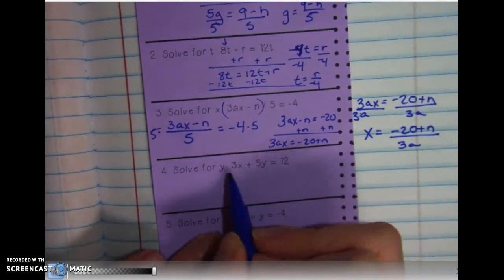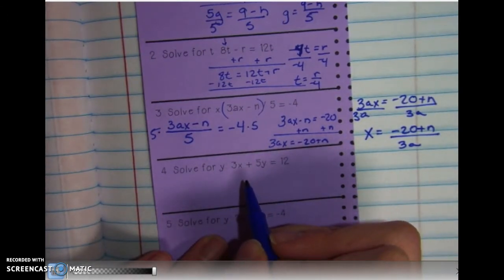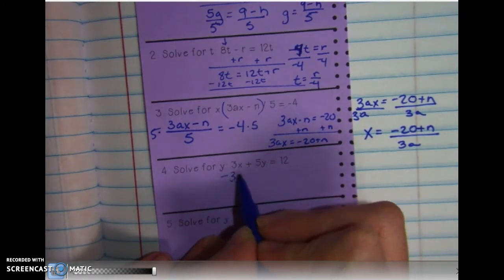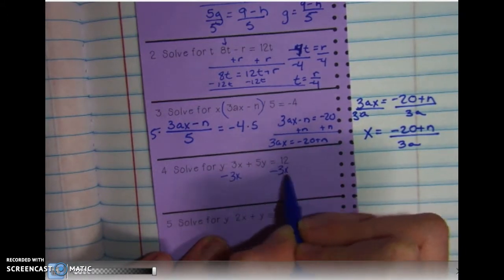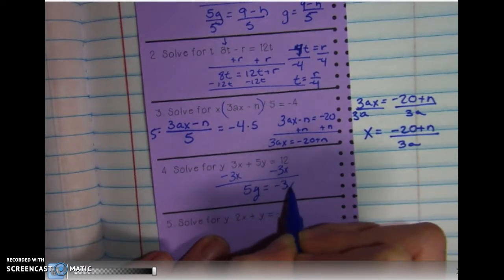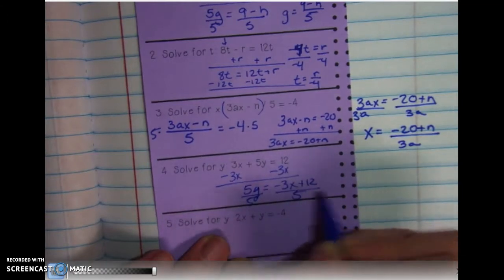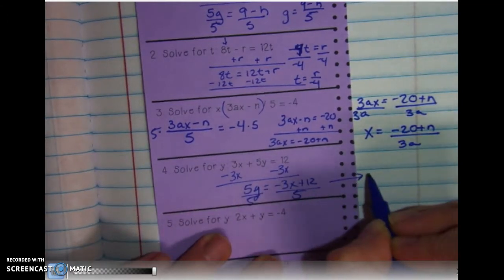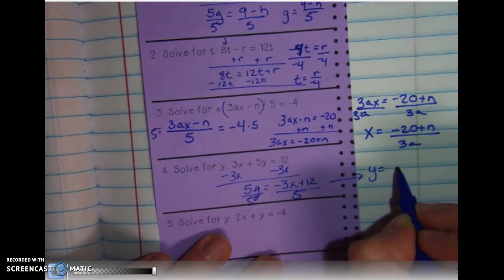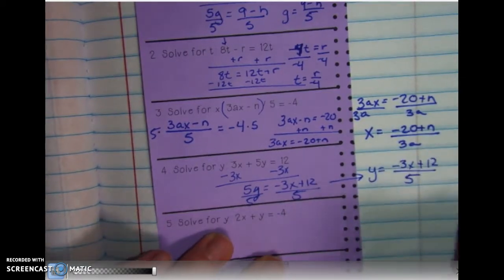All right, I want to solve for y. This is the most common one we are going to be doing over and over and over again. So I'm going to subtract 3x. So I get 5y equals negative 3x plus 12. I'm going to divide by 5. And then I have y equals negative 3x plus 12 over 5.